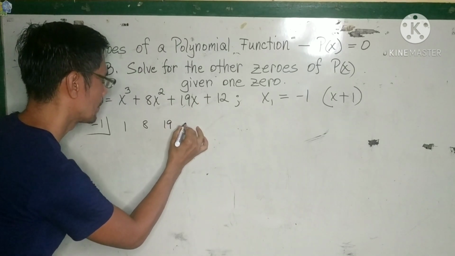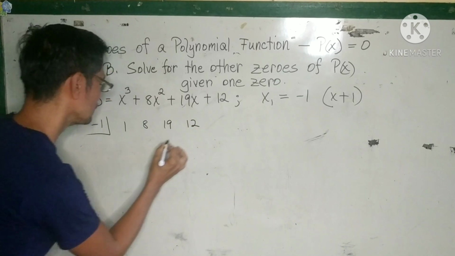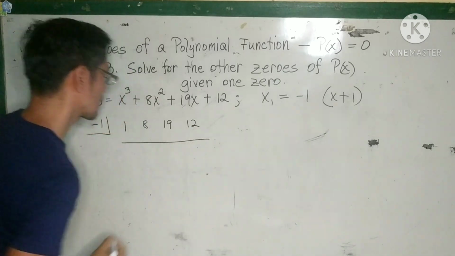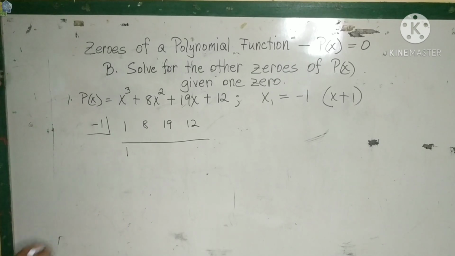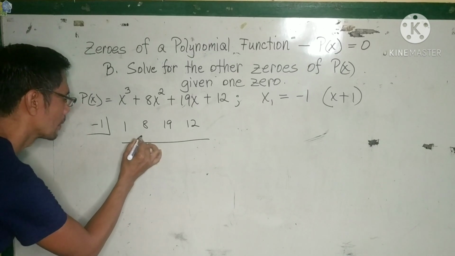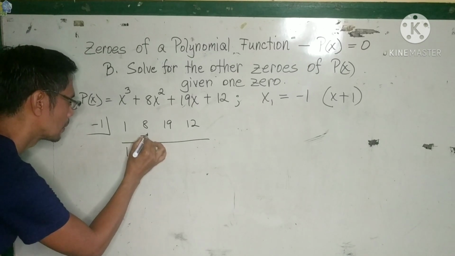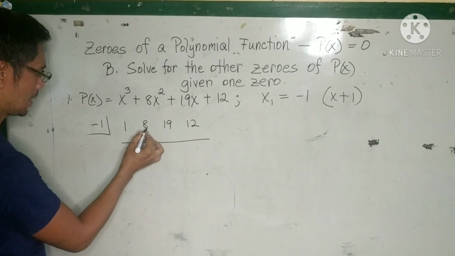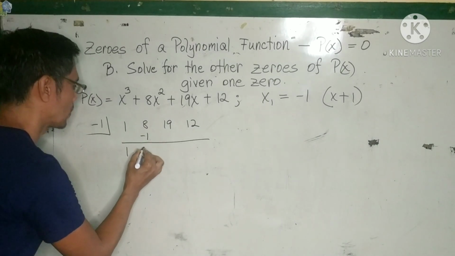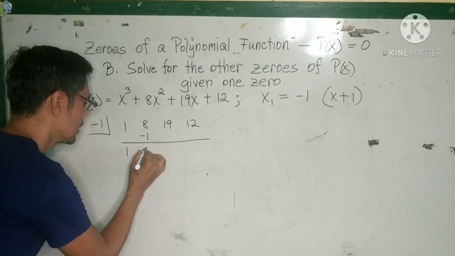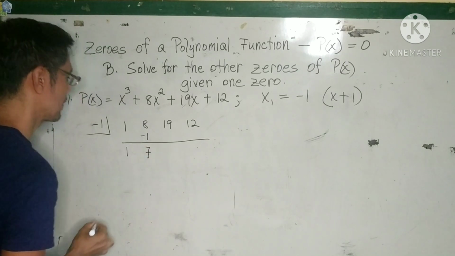Then we have 12. Okay. So bring down 1. We have 1 times negative 1, we have negative 1. Then 8 plus negative 1, or 8 minus 1, that is simply 7.